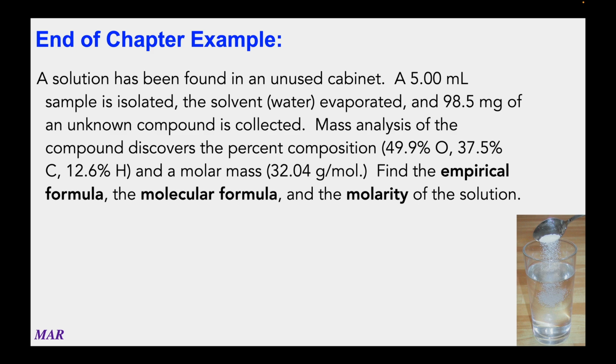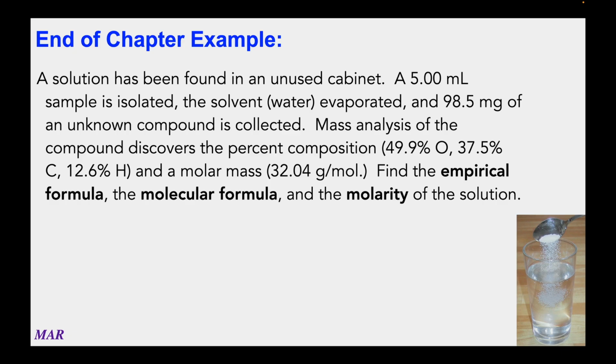You send it away to be analyzed, and you find that it's 49.9% oxygen, 37.5% carbon, 12.6% hydrogen, and you have a molar mass of 32.04 grams per mole. From all this information, you can find the empirical formula, the molecular formula, and the molarity of your solution.